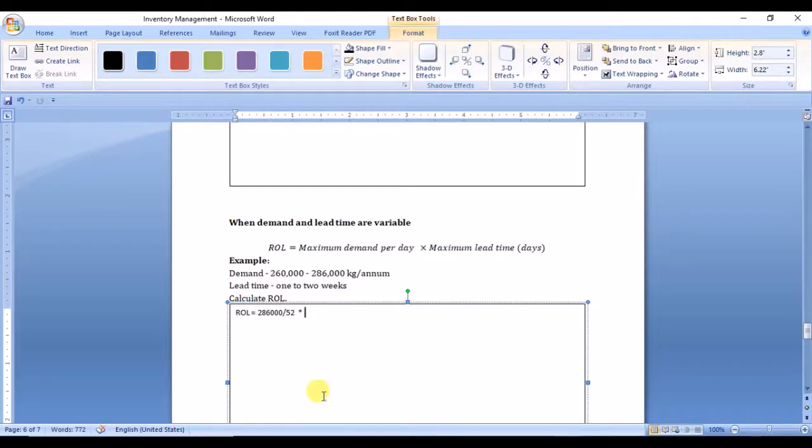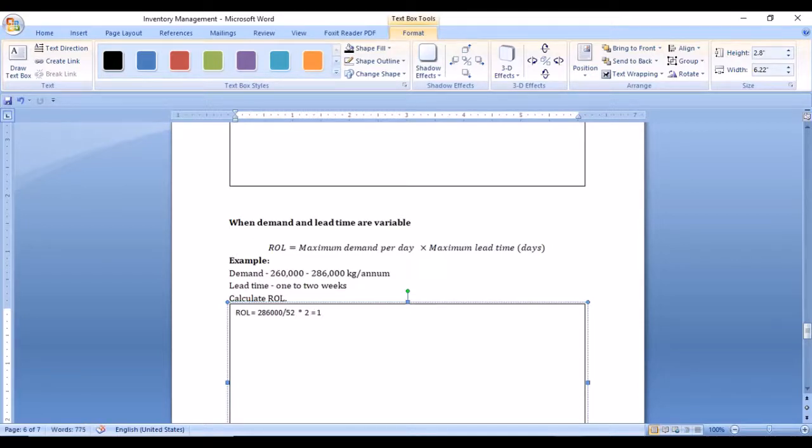Now look at the lead time. Lead time also can be 1 to 2 weeks. Here again you take the worst case. What is the maximum time period? Look at the formula. ROL equals maximum demand multiplied by maximum lead time. Here maximum lead time is 2 weeks, multiplied by 2. So that will give you the answer.